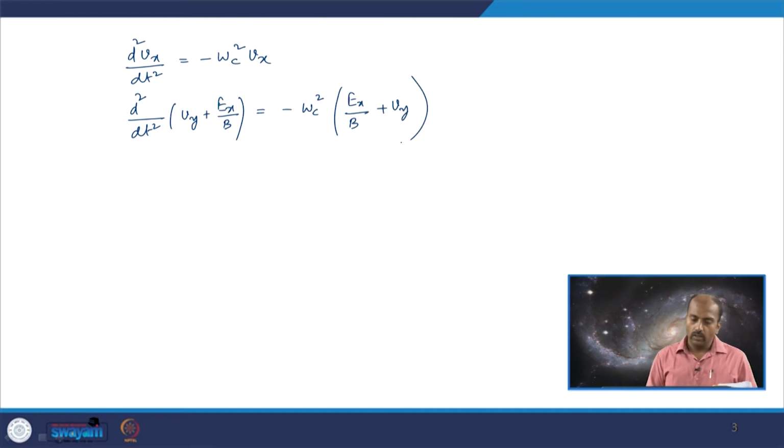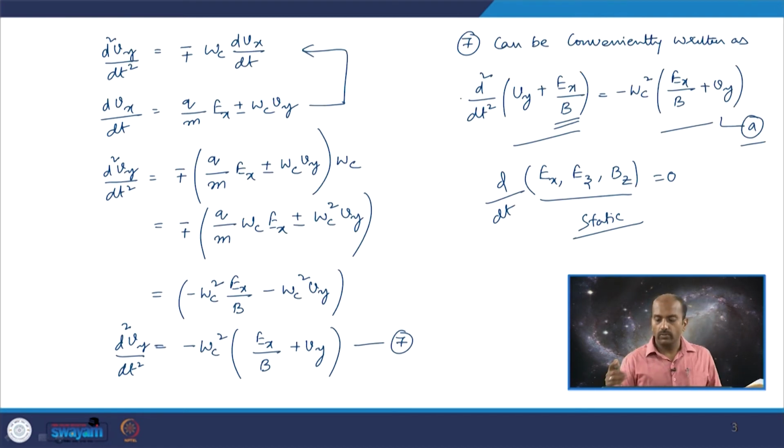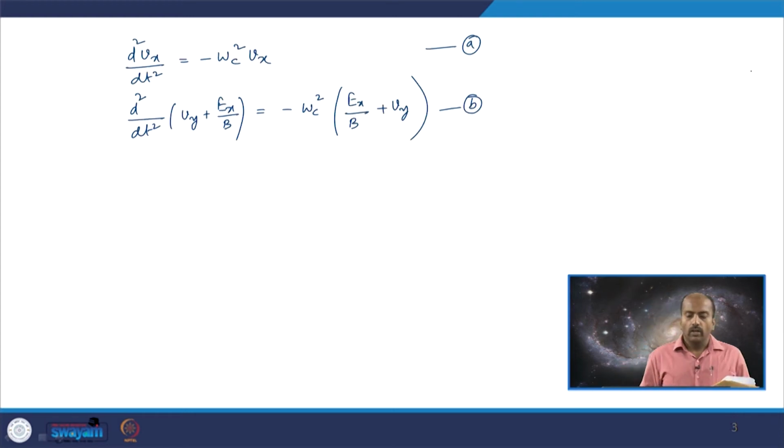Now, let us say this is equation A and this is equation B. So this could have been called equation number 8. Sorry for that.